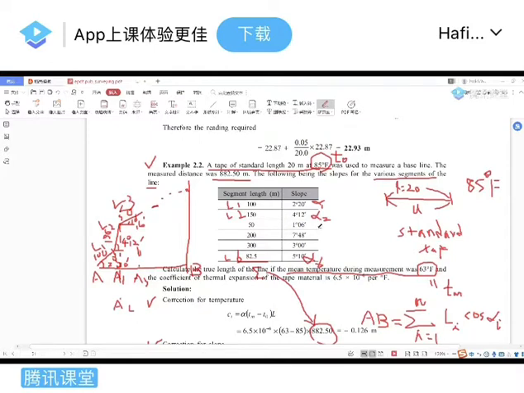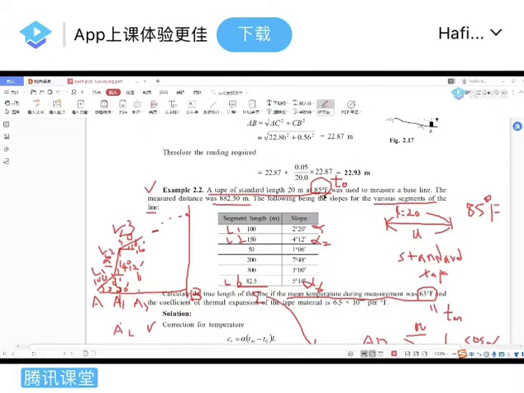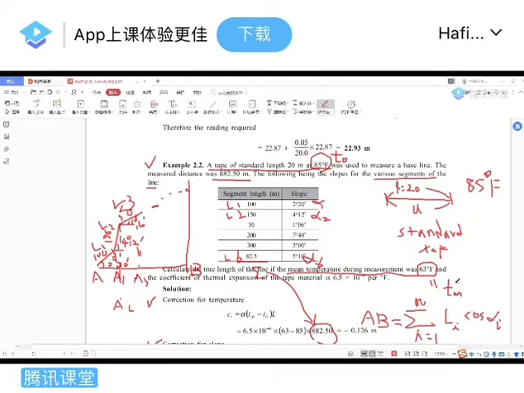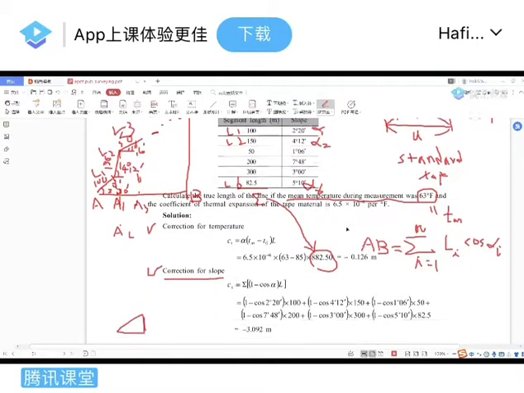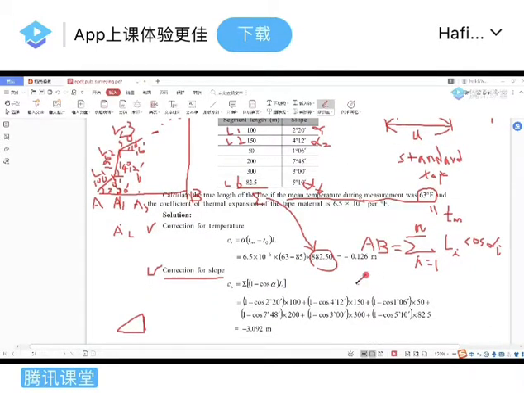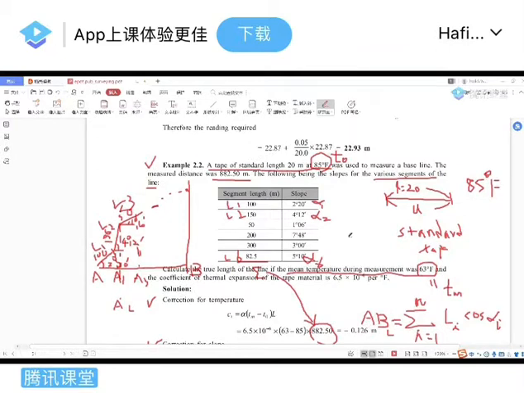Now this temperature T naught is less than Tm. Tm is higher than this one. So remember we say if this one is higher, you have a plus. If this one is lower, you have a minus. So now the actual AB in L. This AB is in L, which means your measurement.